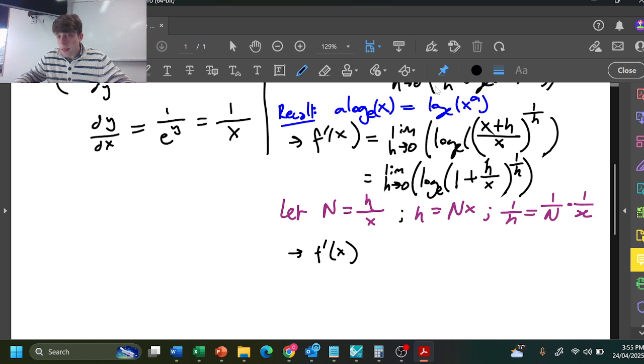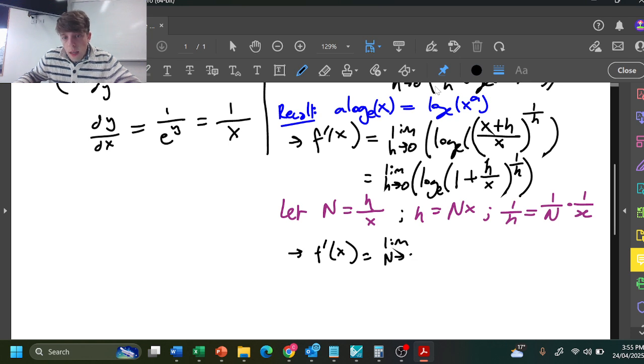So let's write out this derivative now using the change of base that we've just introduced. Now I'm going to change things around. As h goes to 0, what's happening to n? Well, n is equal to h over x. So as h is going to 0, n is also going to go to 0, right? They're both going to 0. So we can just write this in terms of n.